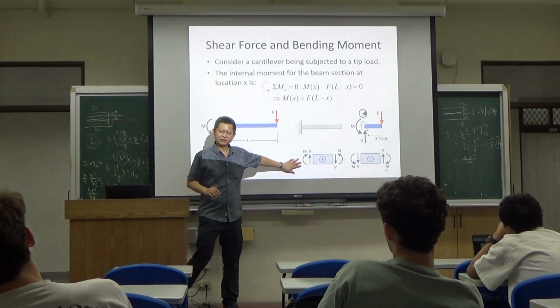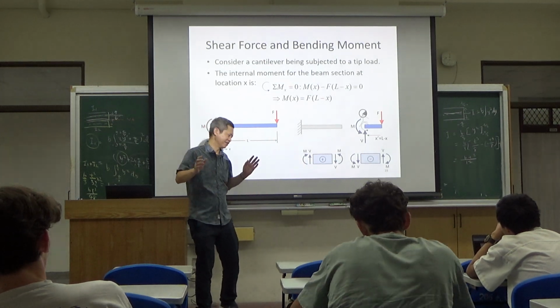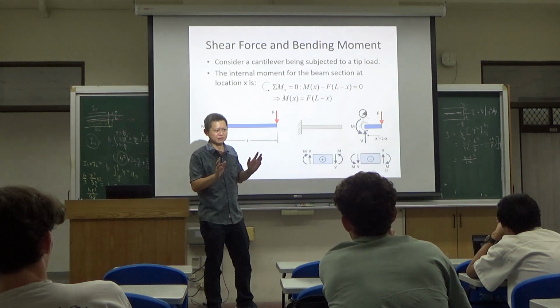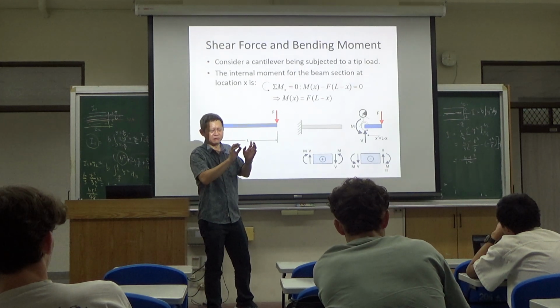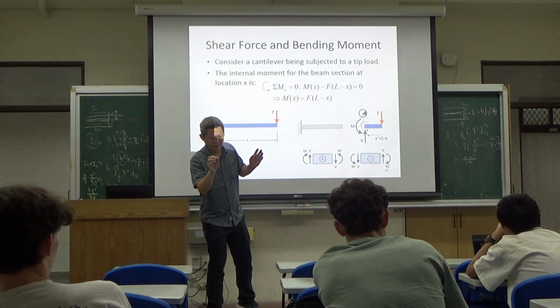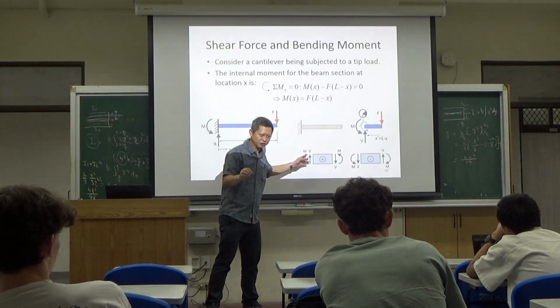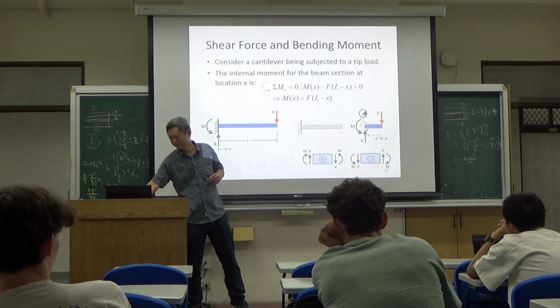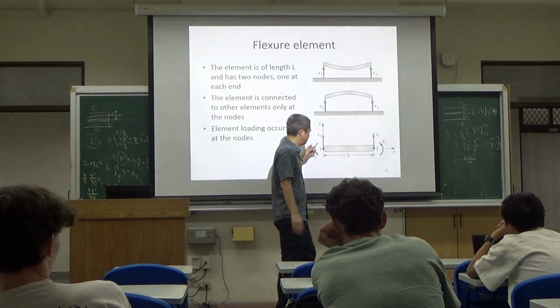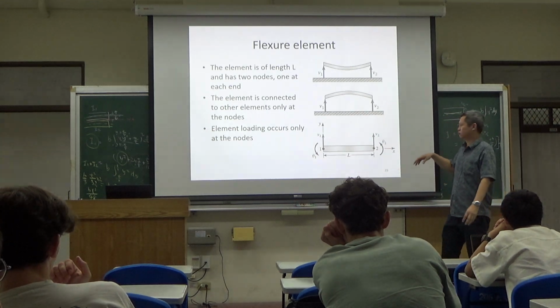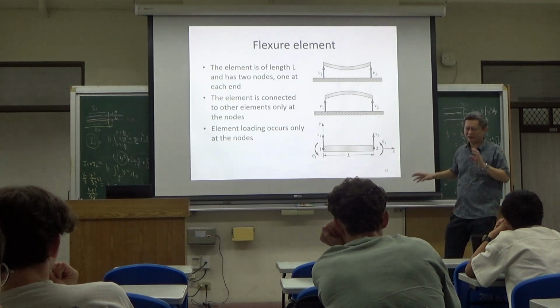You learned this before, with the right hand and left hand analysis. I know this convention is good. Why is it good? It's good to write the balance of moment. It's good to write the balance of shear force. But it's not good to do the counting. For finite element, you're going to develop software to do the calculation. I don't want to bother with left hand and right hand.